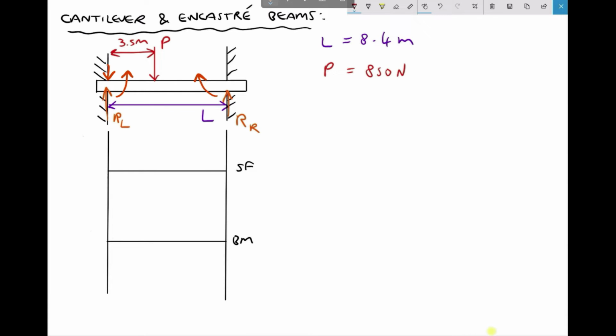And any turning moment at RL is going to cause an opposing force at RR. So essentially, the turning moments at either end of this beam affect the distribution of shear force throughout the beam. For this reason, we have to use some specific equations in order to calculate RL and RR.